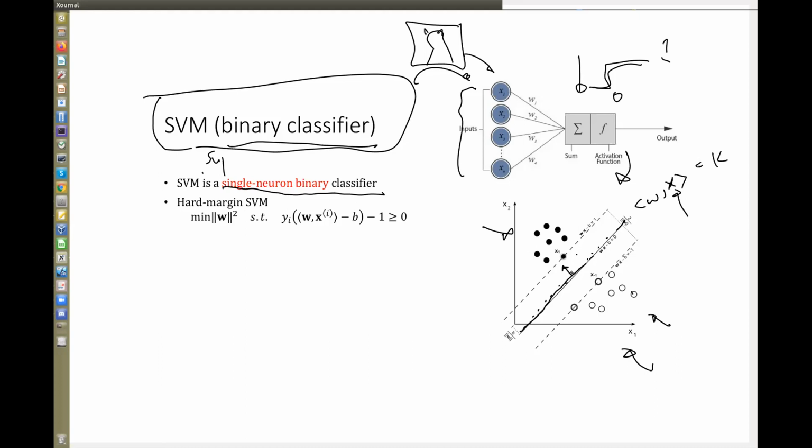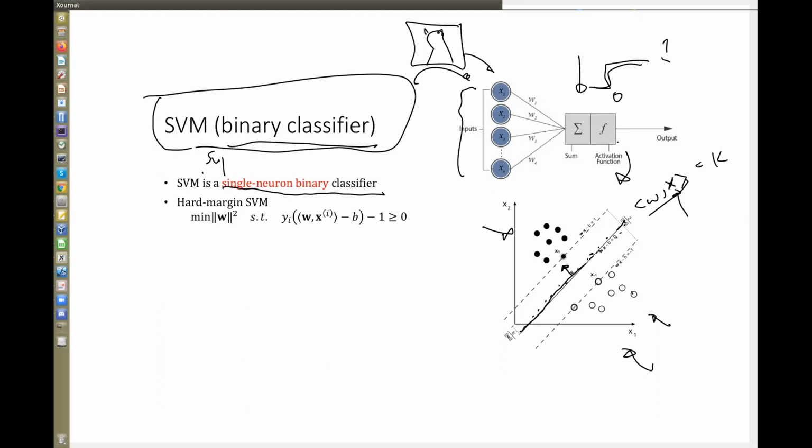So this is the W vector, perpendicular to this plane, and W dot X is just the inner product with this W vector.